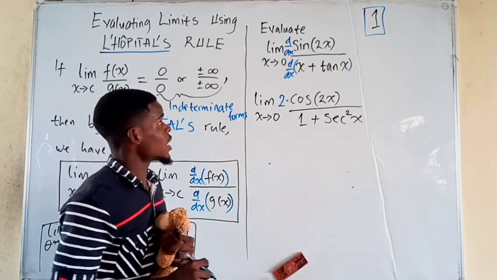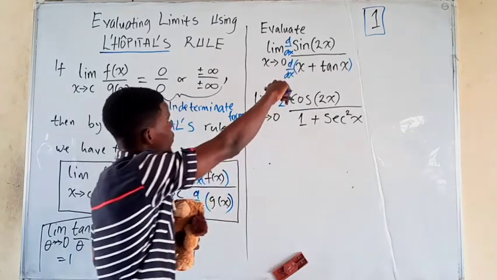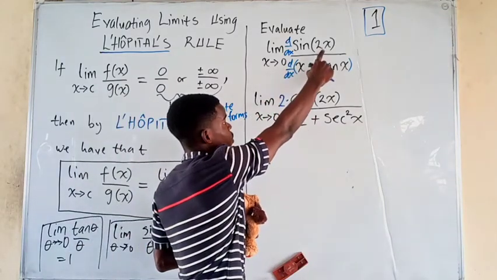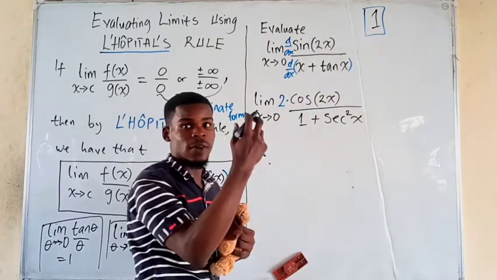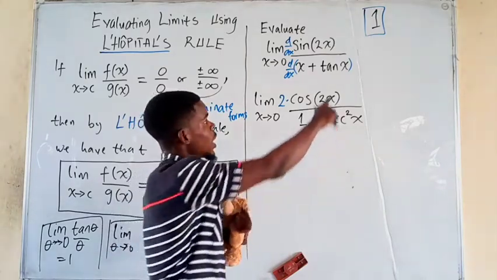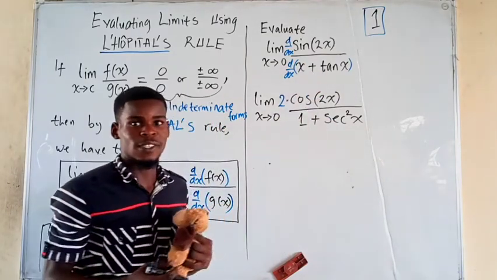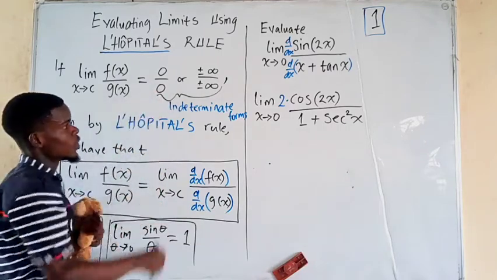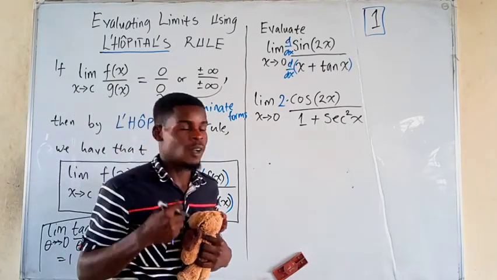Now, I didn't point this out to you. If we were to plug in 0 here, you will have sine 0, which will be 0 at the top. Then 0 plus tan 0 is 0 again. So we're going to have a 0 over 0 situation, which is an indeterminate form, as I've pointed out here. So that is why we are applying L'Hopital's rule.